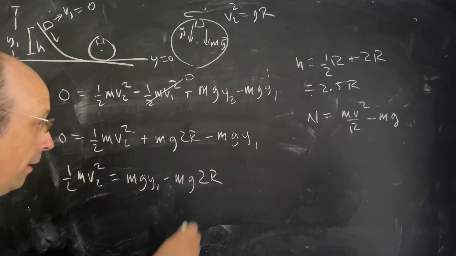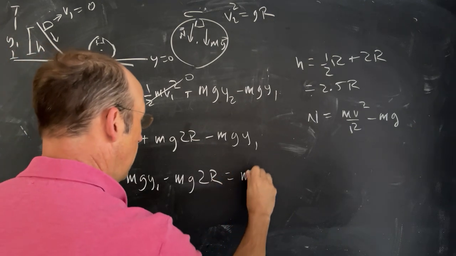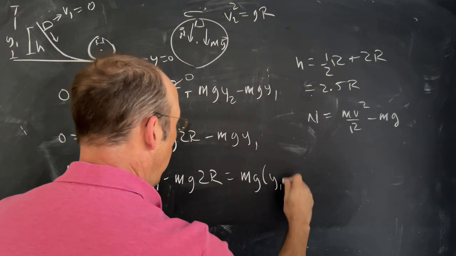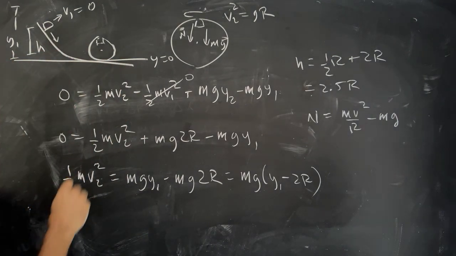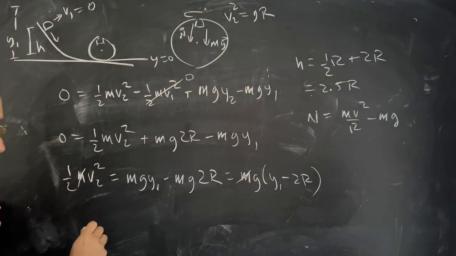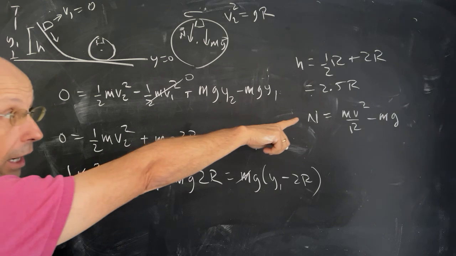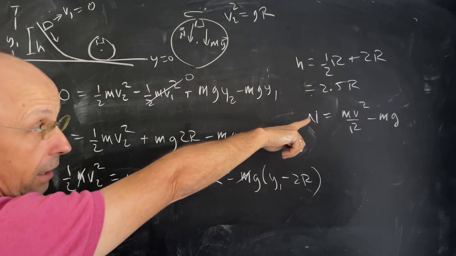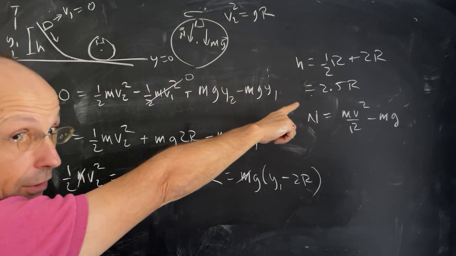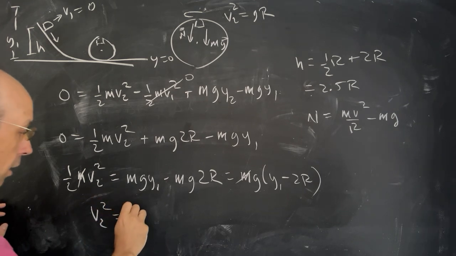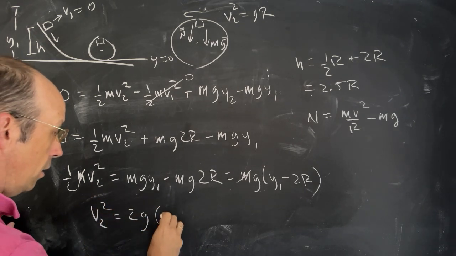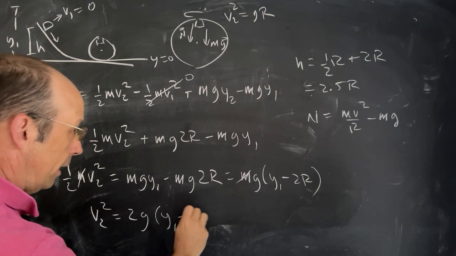It wouldn't be a bad idea. So let's do that. That's going to be mg times y1 minus 2r. Now I can divide by the mass, I can multiply by 2 because I want v squared. I don't even need v. I need v squared. So I get v2 squared is going to be 2g y1 minus 2r.